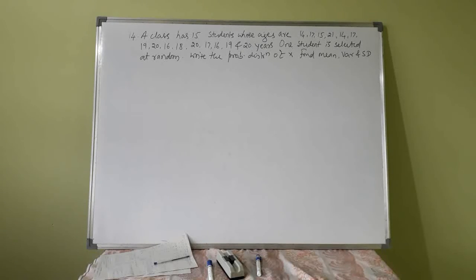A class has 15 students whose ages are 14, 17, 15, 21, 14, 17, 19, 20, 18, 16, 20, 17, 16, 19 and 20, etc. One student is selected at random. Write the probability distribution of x. X means the selected student.